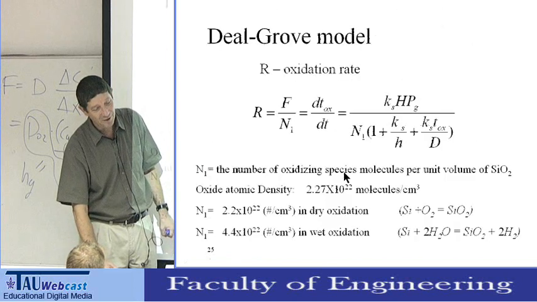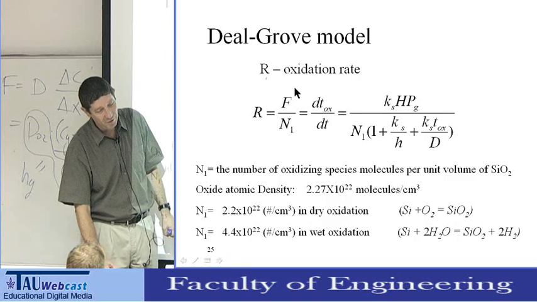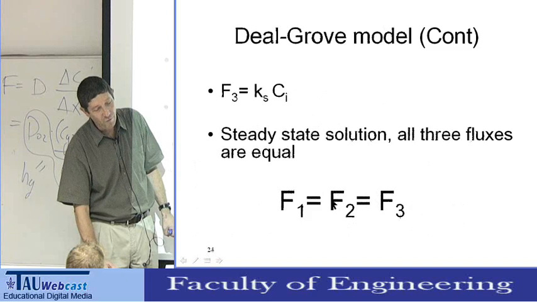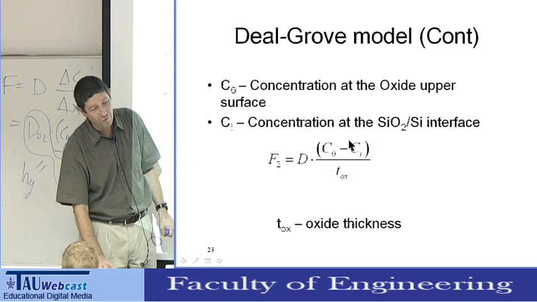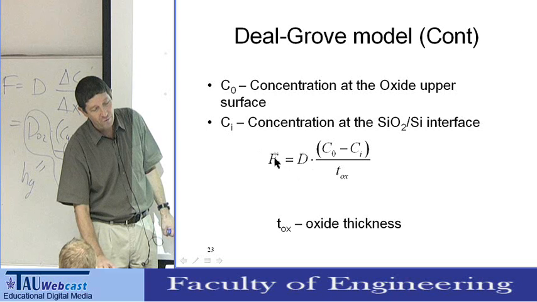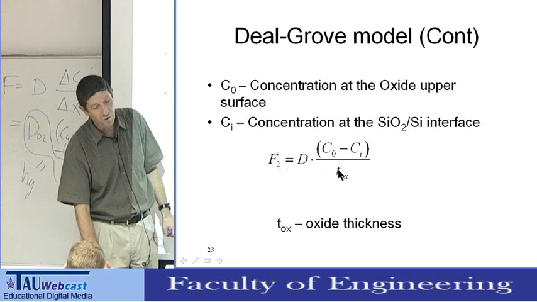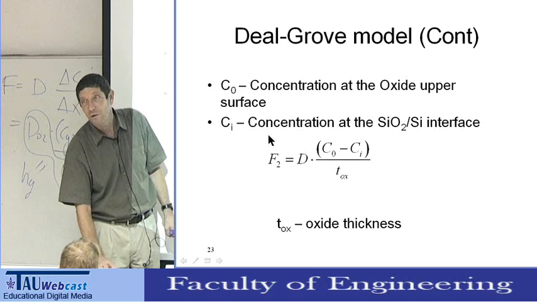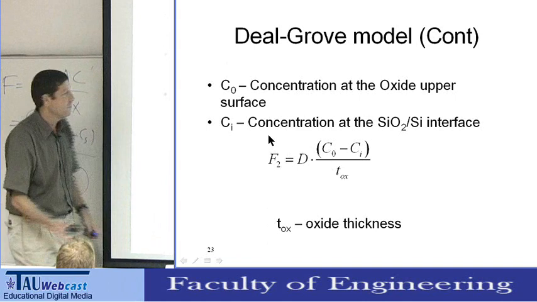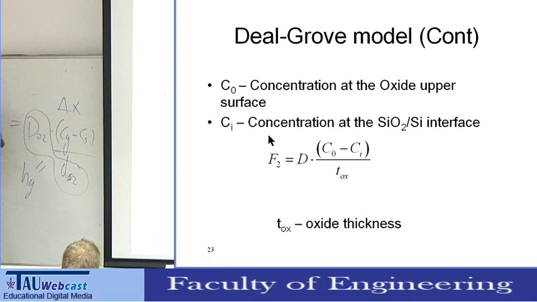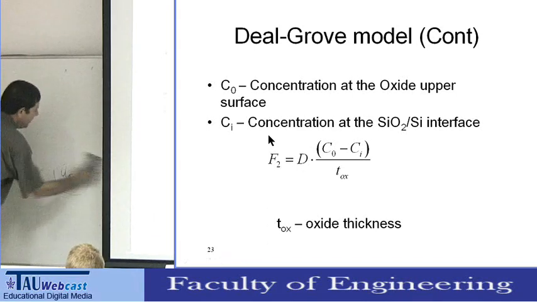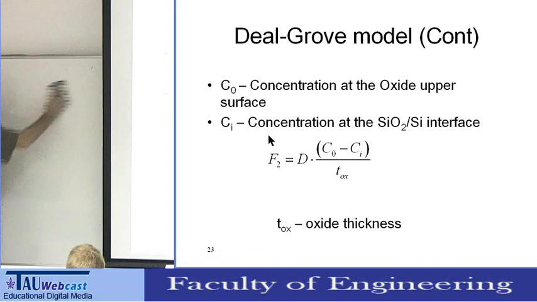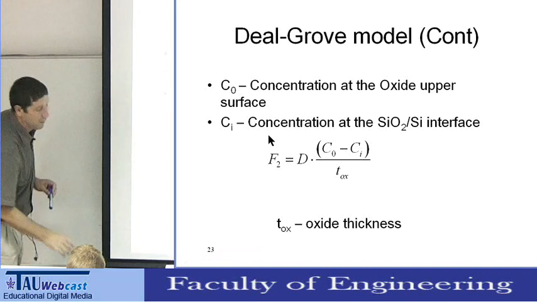This is exactly what I do. If I know F1 equals F2 equals F3, I solve for F2 as a function of T oxide. I gave you the final solution, but let me write the three equations here so you can remember.